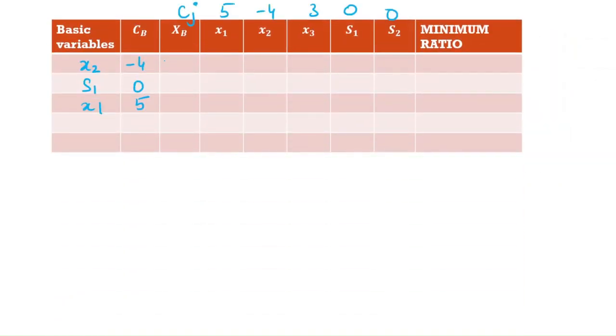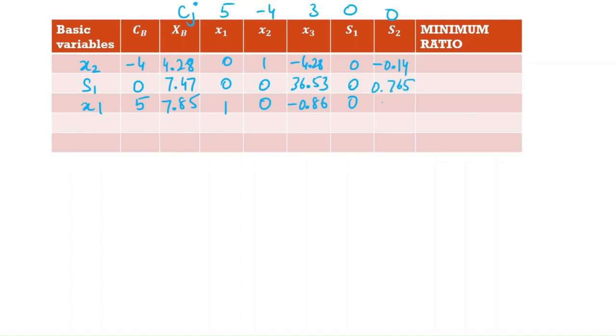So just copying it quickly. This is 0 0 1 1 0 0. This is minus 4.28, 36.53, minus 0.86, 0 0 0. This is 0.073.